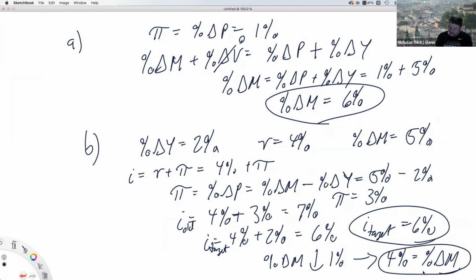All right. So at this interest rate, they need to clamp it down some. They want inflation to go down a little bit. So they'll decrease money supply growth by 1%, or try to do that. They'll look at the interest rate target, and try to get it to hit. And if they do that, then they'll hit their target, and inflation will be at 2%.